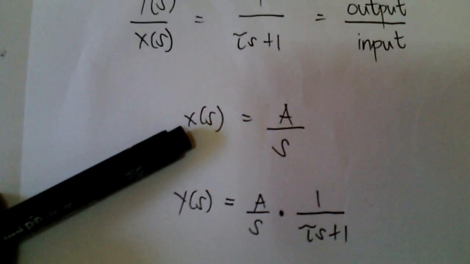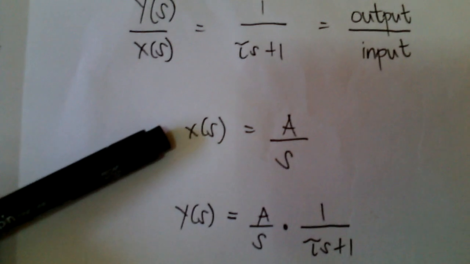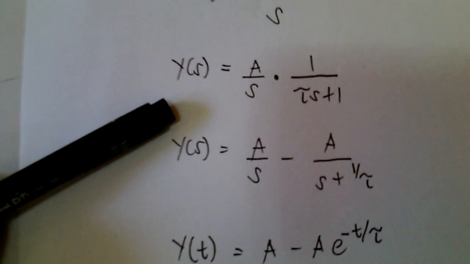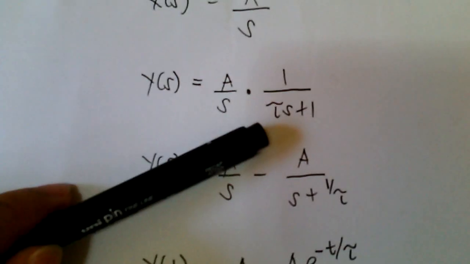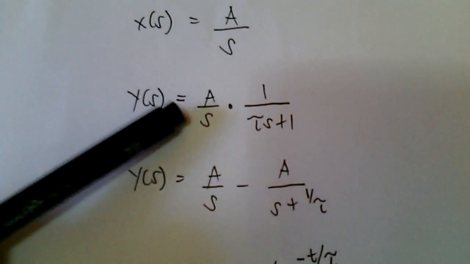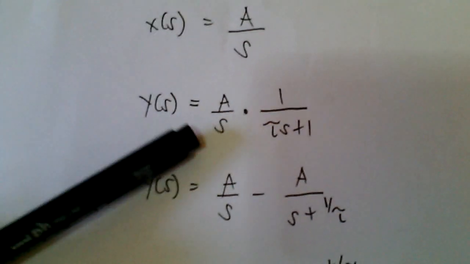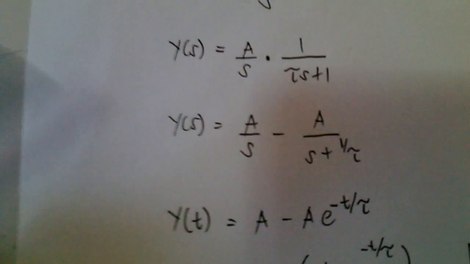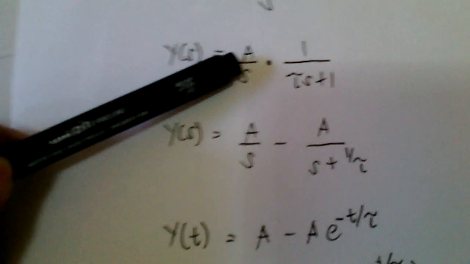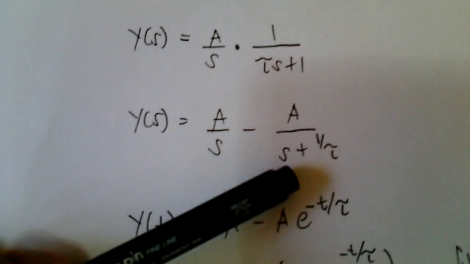So we have Y(s) = A/s times 1/(τs + 1). Now we solve this using partial fractions, and you have to review your partial fractions. We have an answer of Y(s) = A/s minus A/(s + 1/τ).